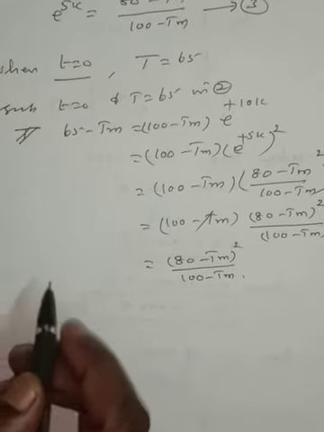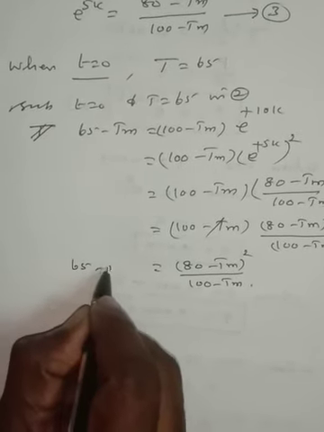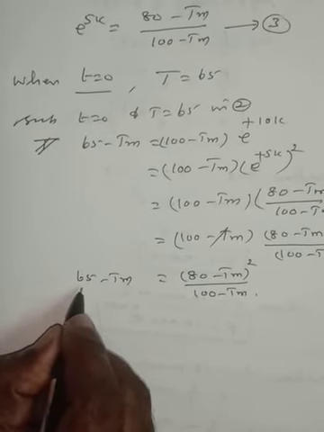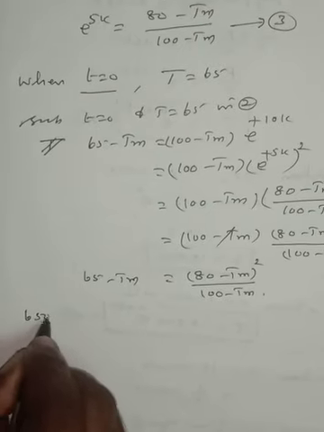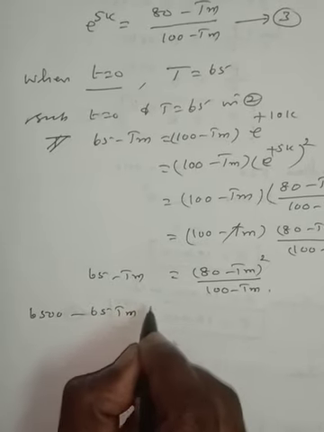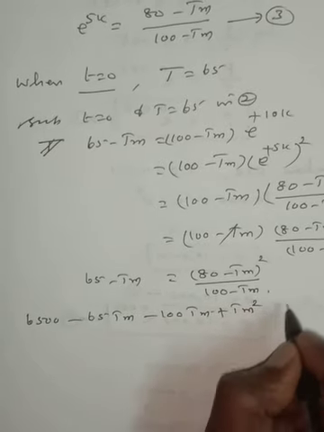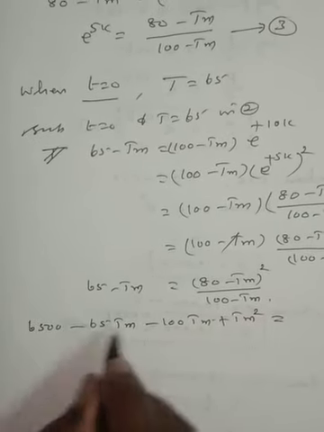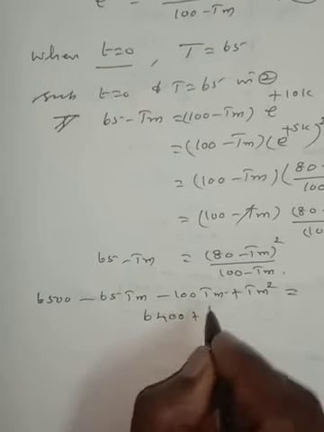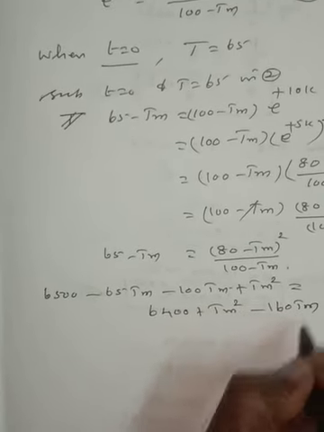Now cross multiplying, we have on the left hand side 65 minus Tm into 100 minus Tm, so 6500 minus 65 Tm minus 100 Tm plus Tm square is equal to 6400 plus a minus b whole square, Tm square minus 160 Tm.